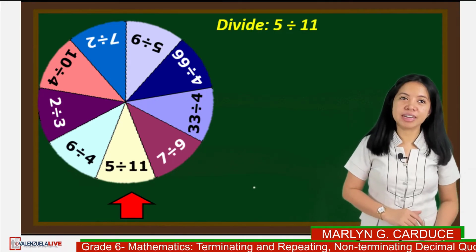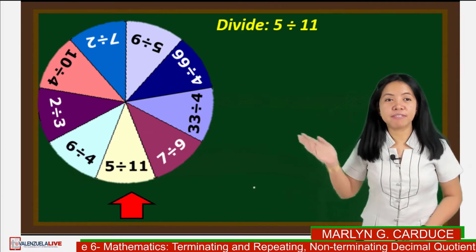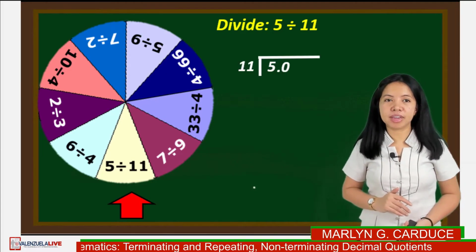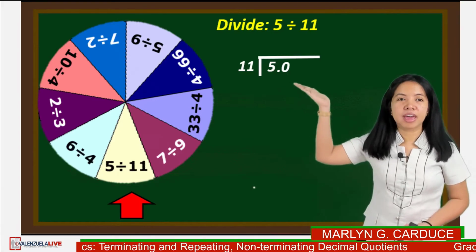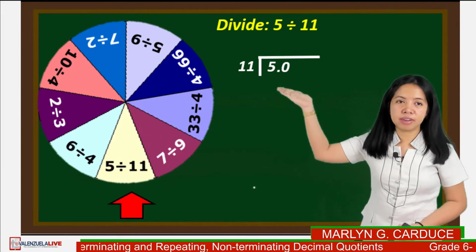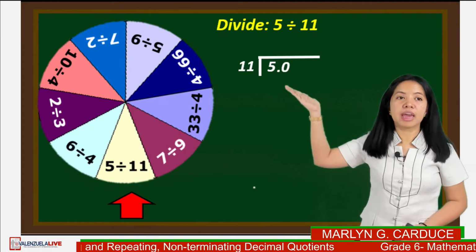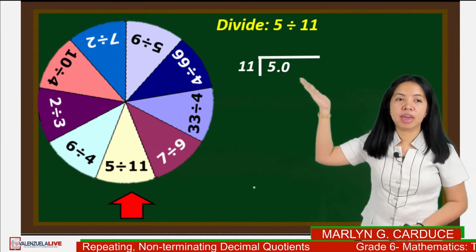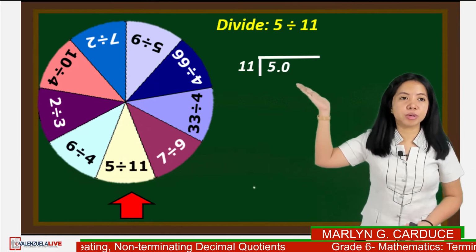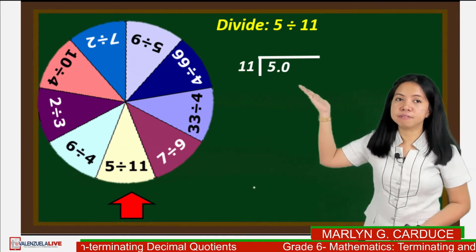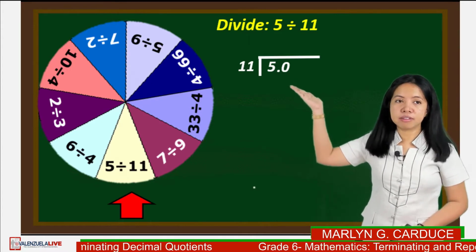Okay, let's check. So if we divide 5 by 11, since 5 is smaller than 11, we will write a decimal point after 5 and also a 0 after the decimal point. So we can now assume our dividend as 50. And let's divide the numbers.